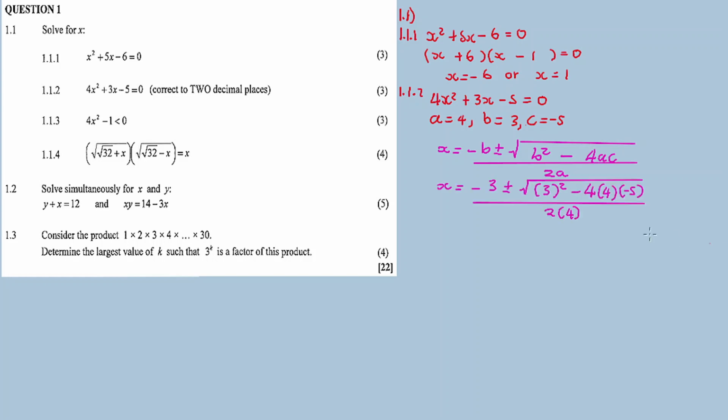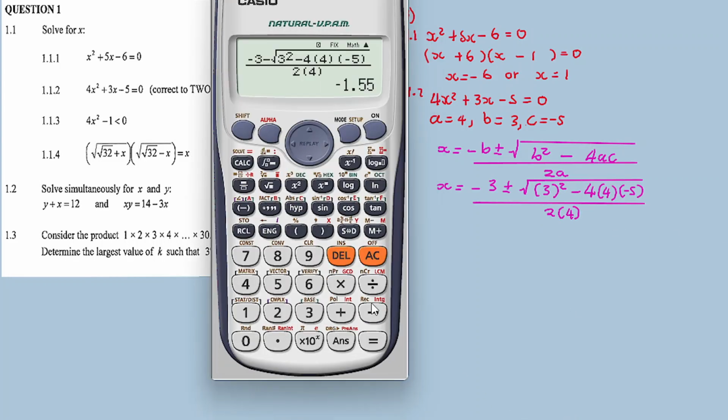Then we substitute. Say a substitute, and then it's minus 3 plus or minus the square root of 3 squared minus 4 times negative 5, divided by 2 times 4.